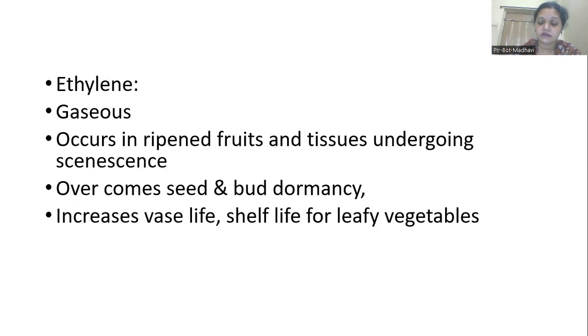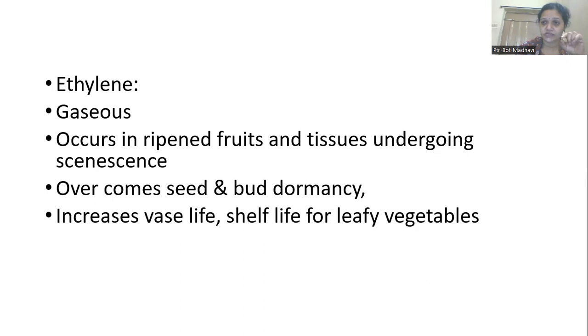Next come the hormones which control growth, the growth inhibitors. The first one is ethylene. Of the five hormones, auxins, gibberellins, cytokinins, ethylene and abscisic acid, ethylene is the only one present in the gaseous state. It is mostly produced in the ripened fruits and in the matured tissues and leaves, and stored in the young buds, young leaves and root tips.